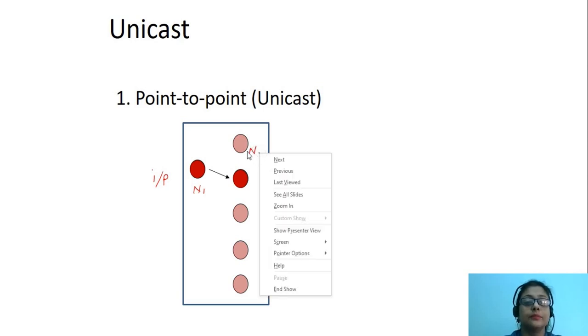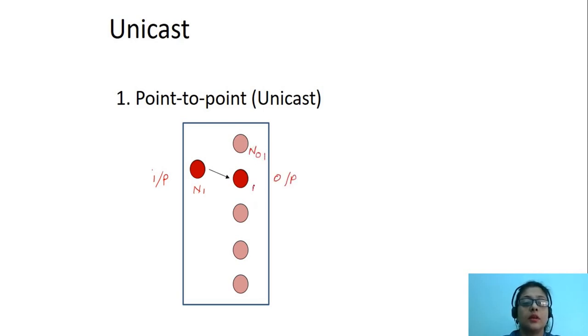Let's say NO1, NO2, NO3, NO4 and NO5. If N1 wants to send any data to the output, it has to send it to a single node. So in this case, it is sending it to node NO2. So N1 to NO2 is a point-to-point connection or unicast connection.